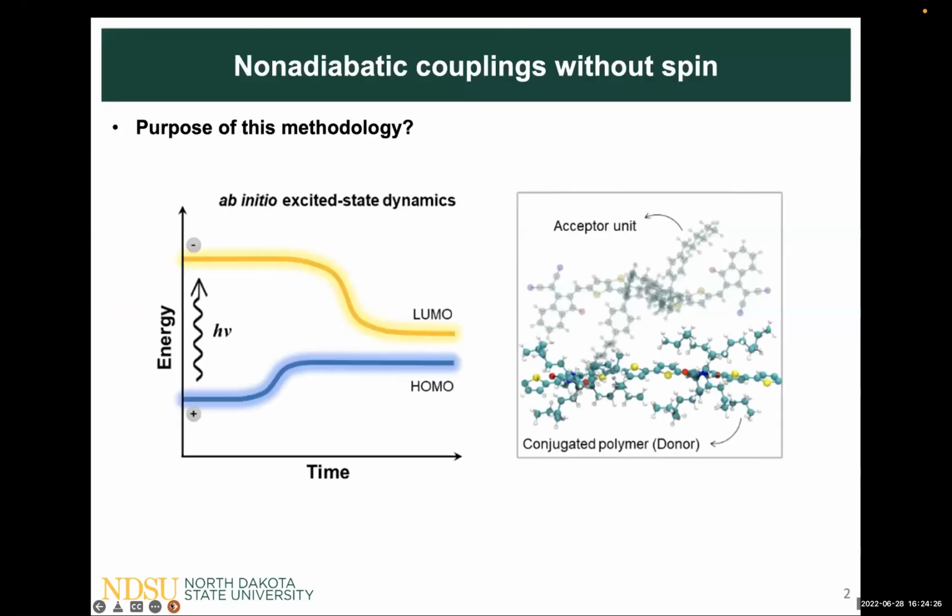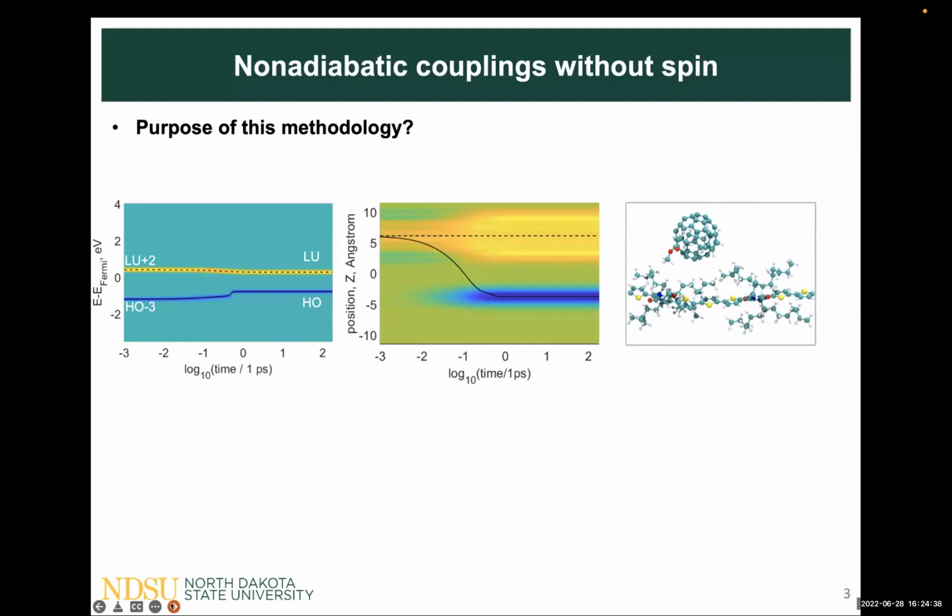Last week we covered the ab initio excited state dynamics based on non-adiabatic coupling. For my model, on the next slide, I have a conjugated polymer, as you can see on the right, next to an acceptor unit.